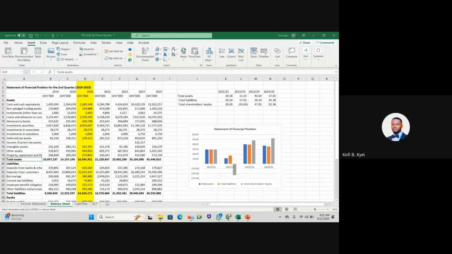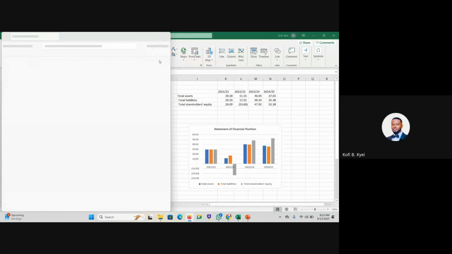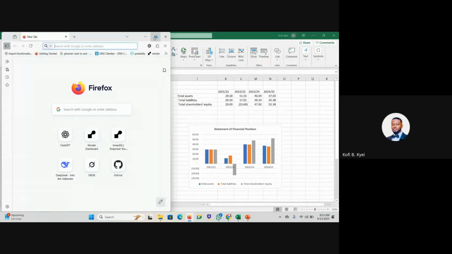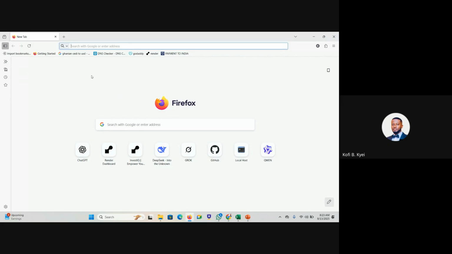I'll try and give you the right prompt so that going forward, in case we don't understand anything, we just use what we have. I'm a heavy user of AI, as I mentioned the last time. Any of them works for me. Let me just select any of them.